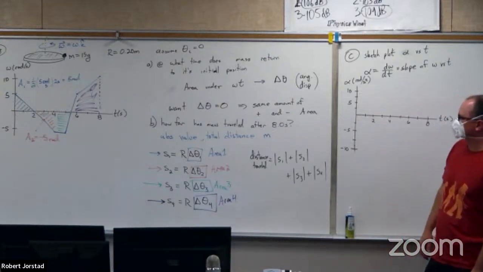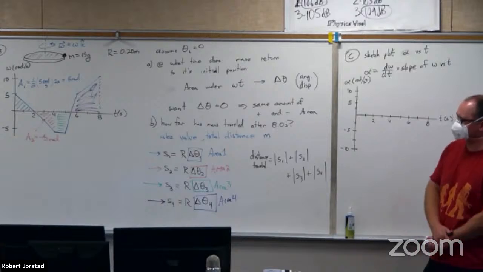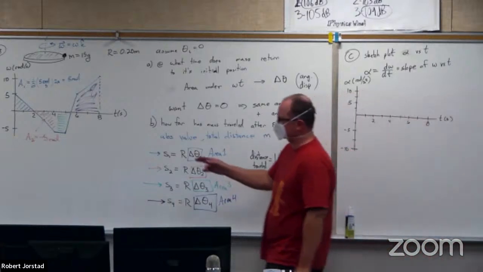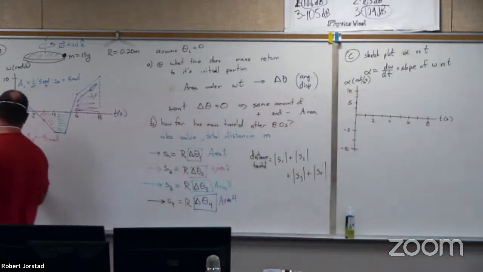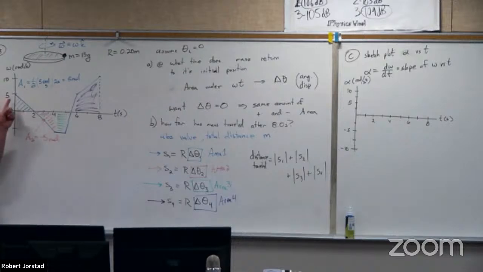Okay. Initially, what's alpha? Over here, what's the initial value of alpha? What's that slope? It goes down 10 in how much time? 4. What's that value?